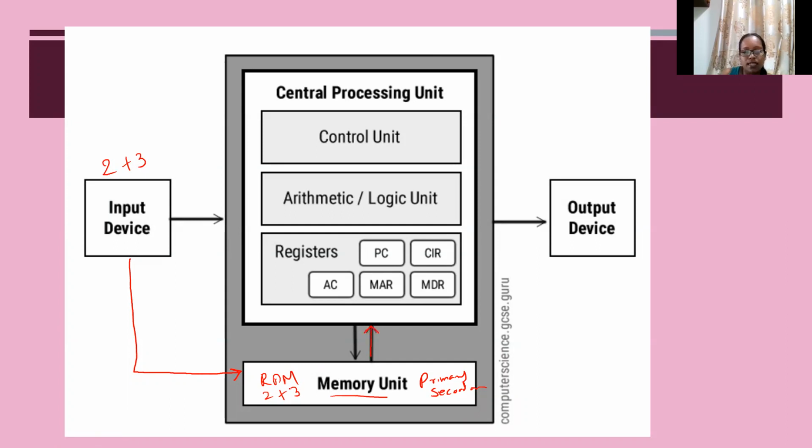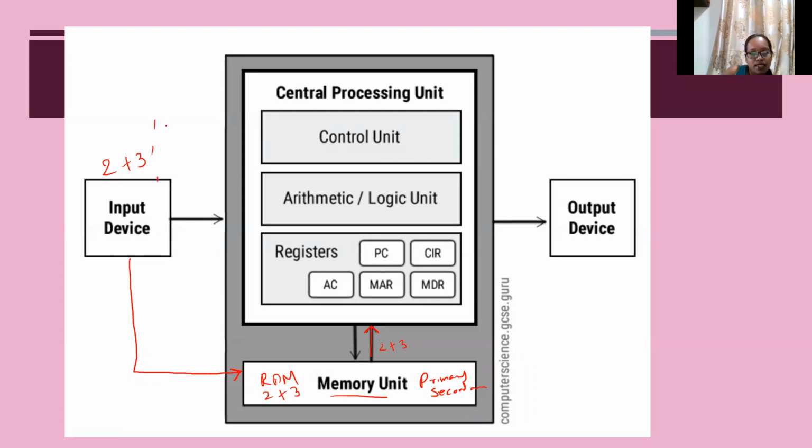It's taking this 2 plus 3 data into the CPU. Now, if you take the CPU, there are 3 parts: the control unit, the arithmetic and logic unit, and the register part. The control unit is used to send control signals or clock signals to each and every part of the computer.